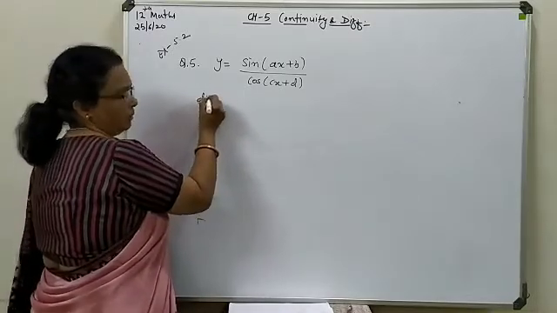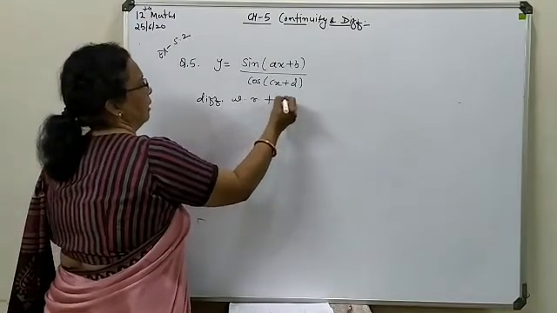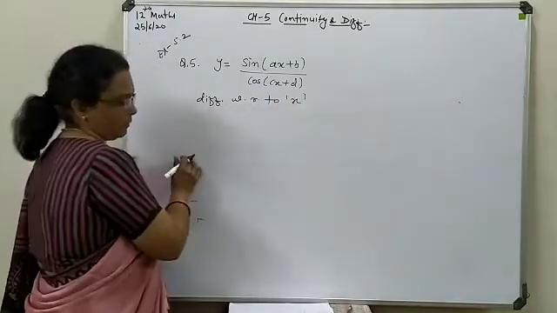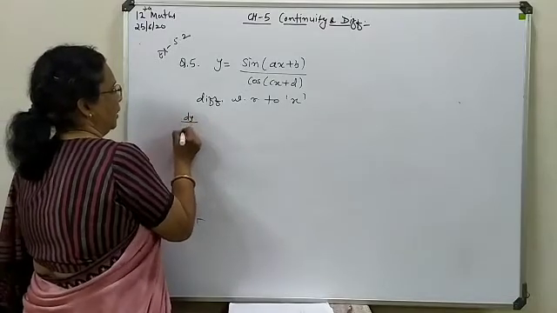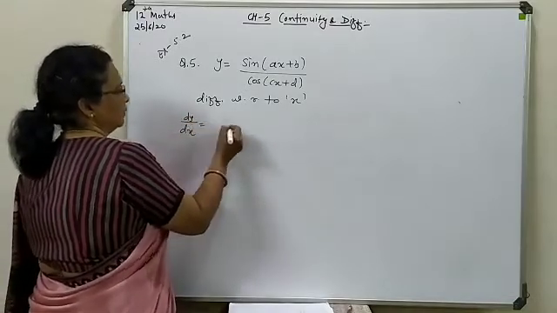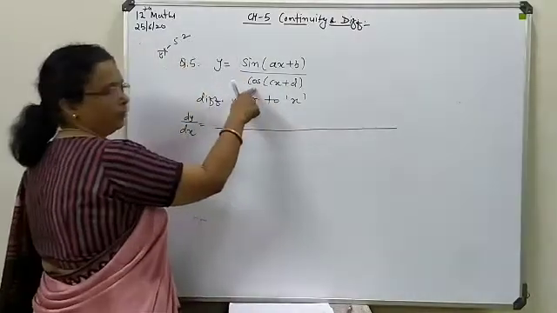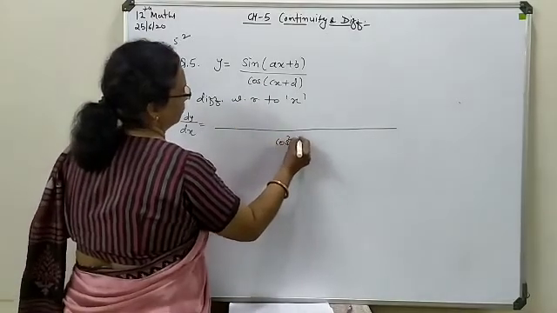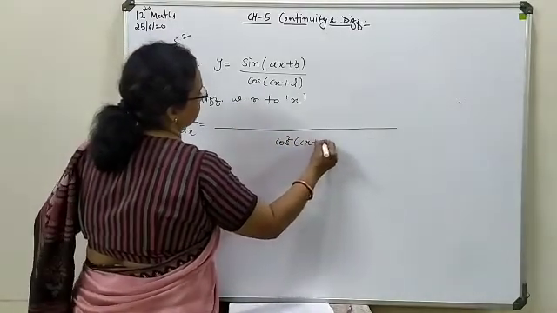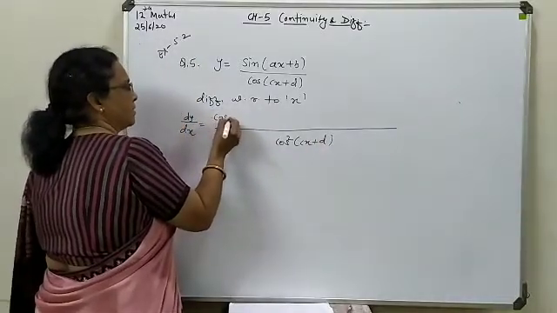So differentiate with respect to x. dy by dx, first of all, the square of this denominator term. This denominator term you will write as such.